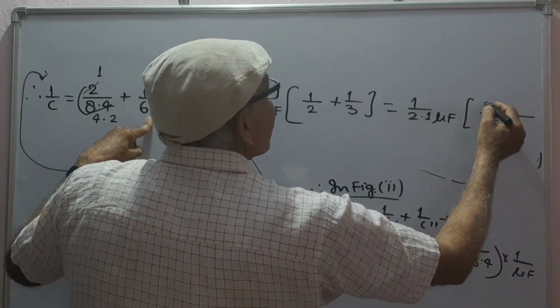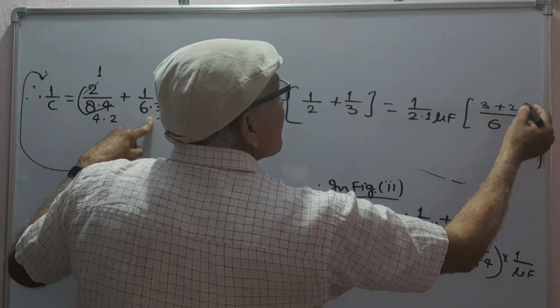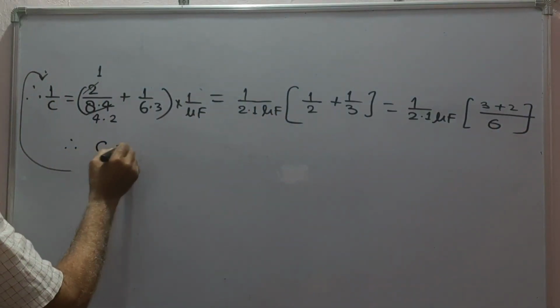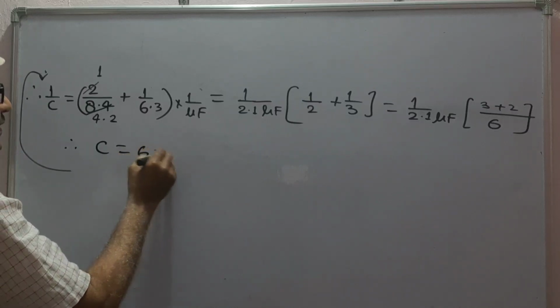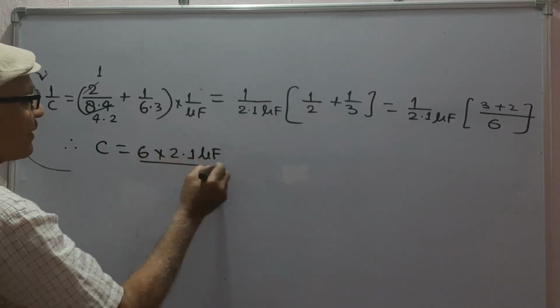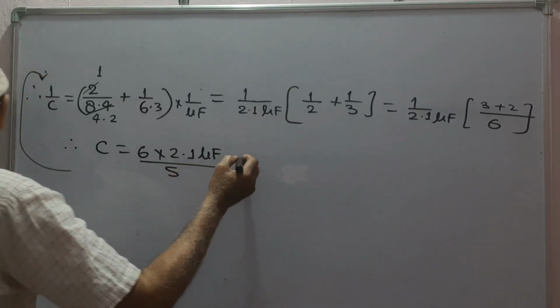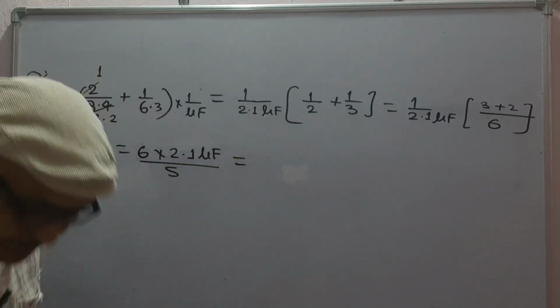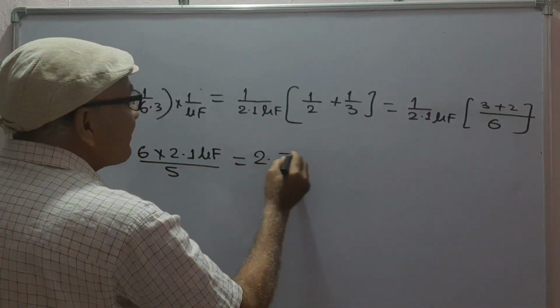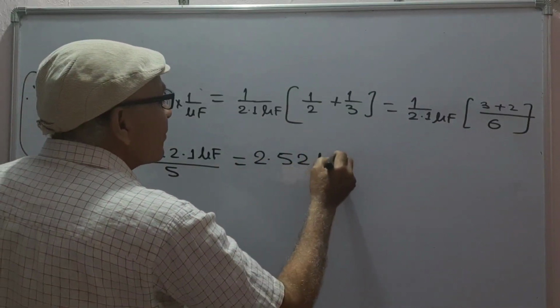LCM is 6, here 3 plus 2, so C will be equal to 6 into 2.1 microfarad upon 5, which is 2.52 microfarad.